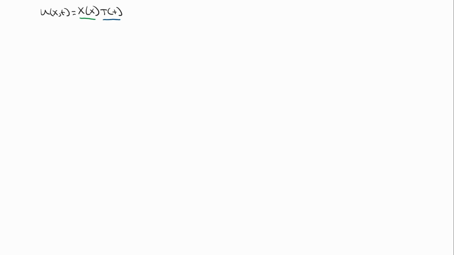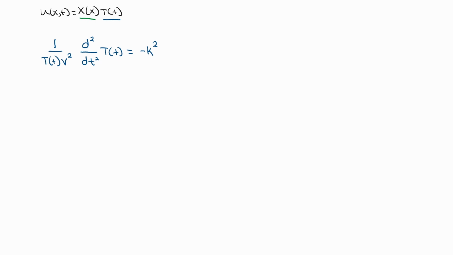When we go back to what our specific derivation was in a separation of variables, we have 1 all over T of t multiplied by our velocity of our disturbance squared, multiplied by the second derivative with respect to t of our temporal function. And this is equal to negative k squared.